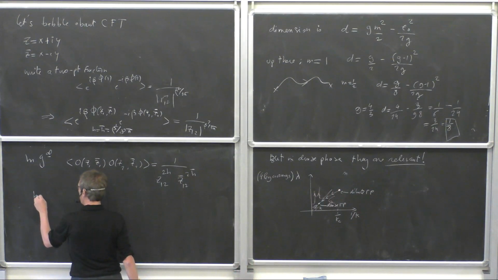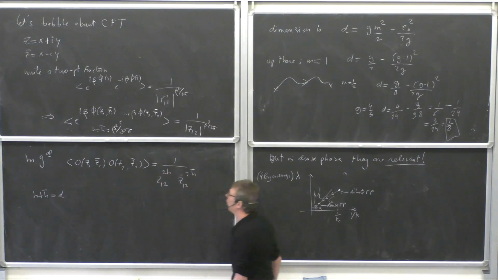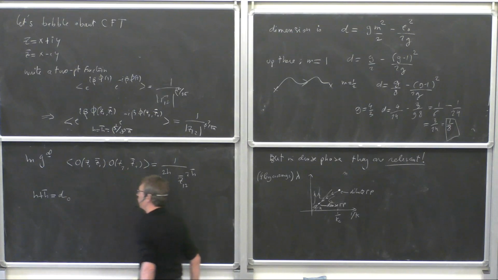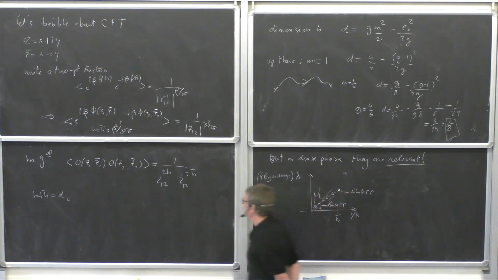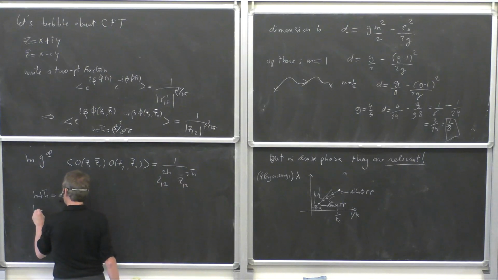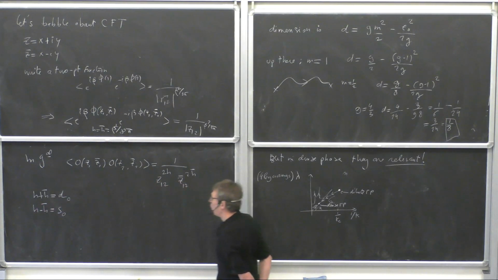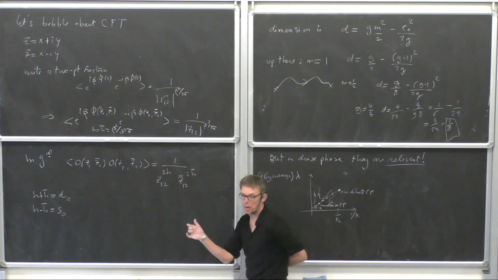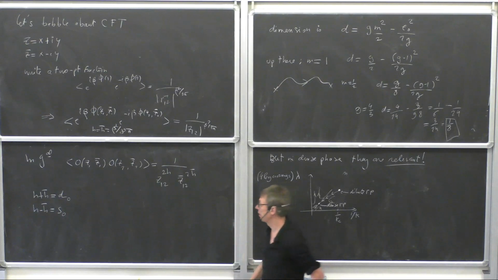So h plus h bar is still called the dimension of the field D. I may call it dO, so you're not confused with fractal dimensions or dimensions of space. And very often h minus h bar is called the spin. Why spin? Because if h is not equal to h bar, when z2 goes around z1, you're picking up a phase.